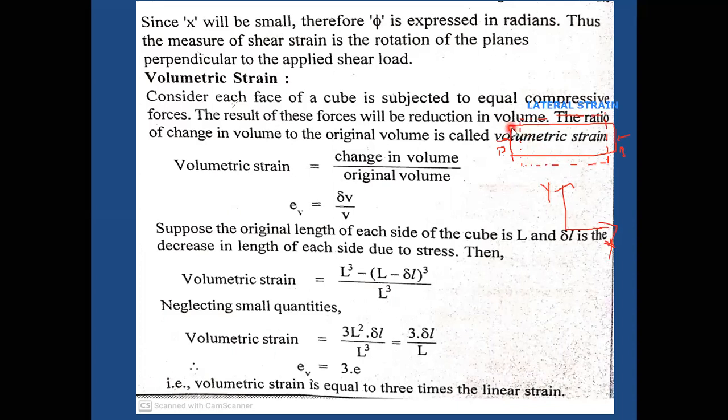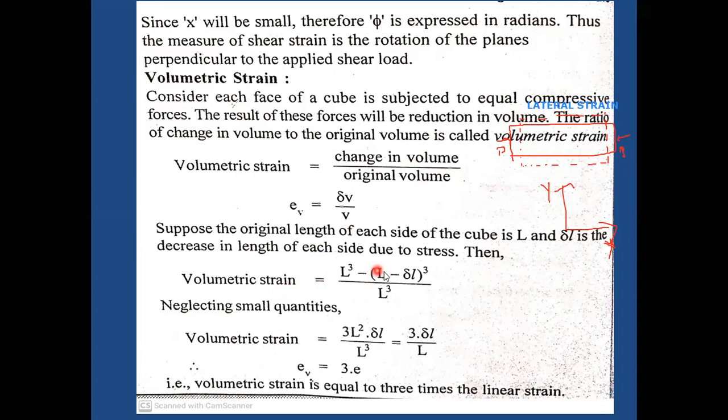This is the original volume of the beam before application of the load. After application of the load, there might be a change in the volume. So volumetric strain is nothing but the ratio between the change in volume and the original volume.